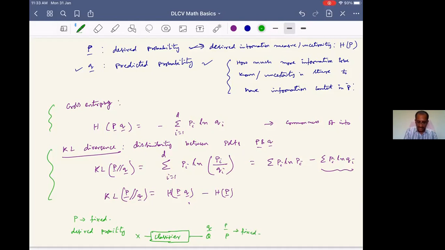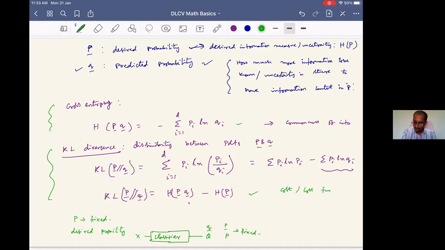If this is fixed, should we consider KL divergence as the cost function, or is cross-entropy itself enough to consider as the cost function? What's your comment on that? Do you think the cost or loss function should be KL divergence or cross-entropy?